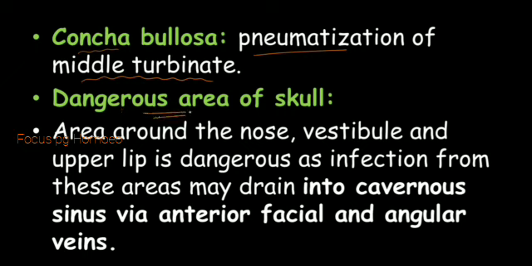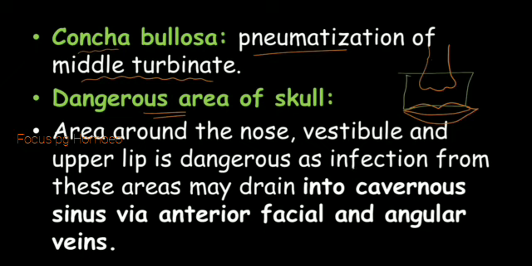Now comes the dangerous area of the skull. We all have this idea. This dangerous area is below the nose and above the upper lip, mainly around the nose, vestibule and upper lip.